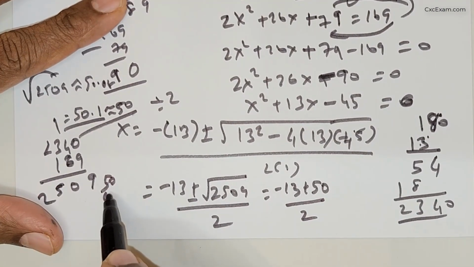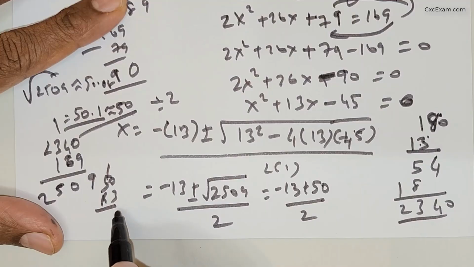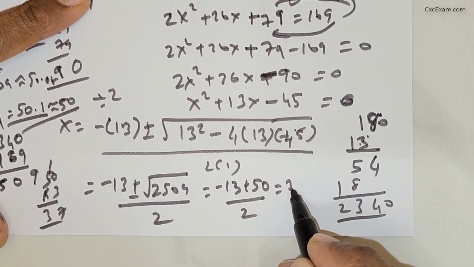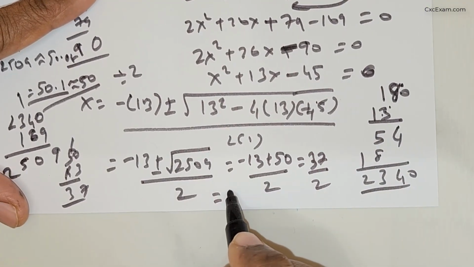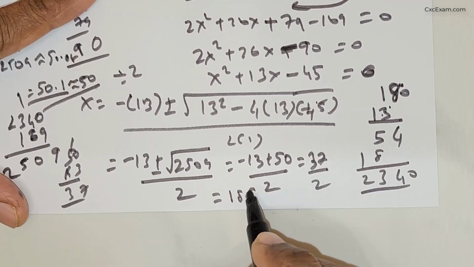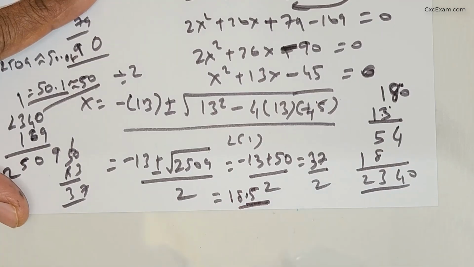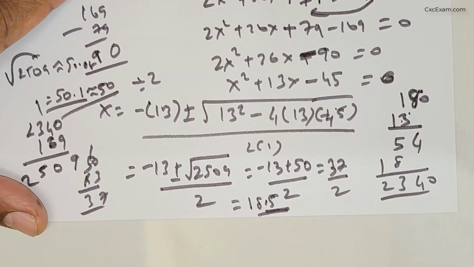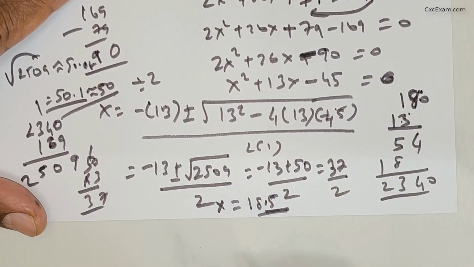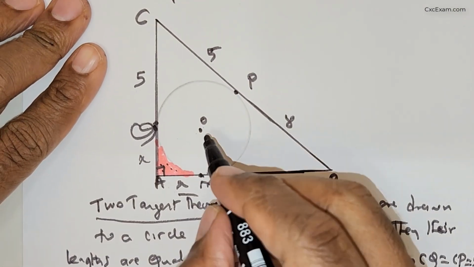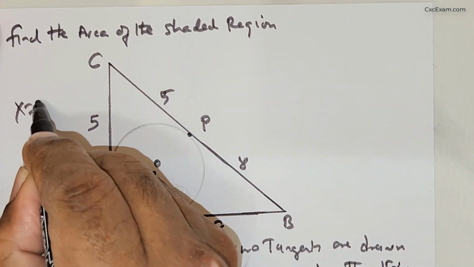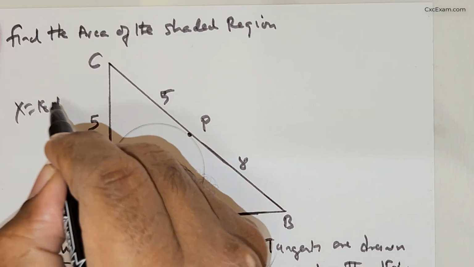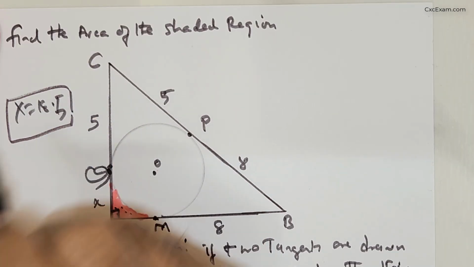From 50 you take away 13, you get 37. 37 divided by 2 is going to be 18.5. Okay, that's the value of x, 18.5.